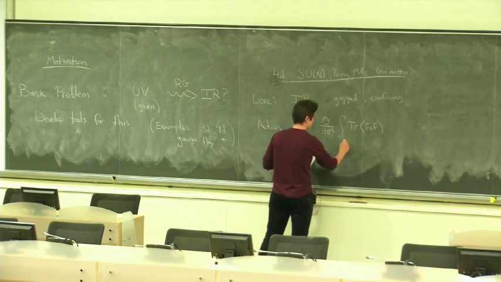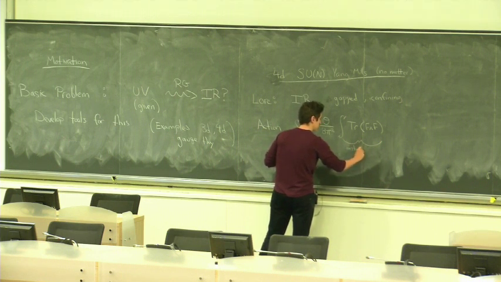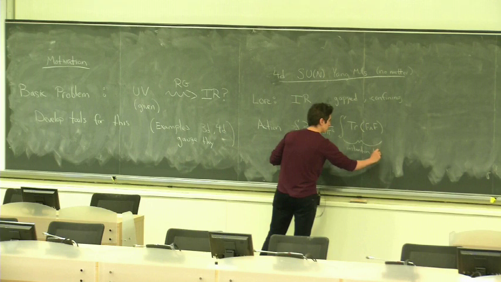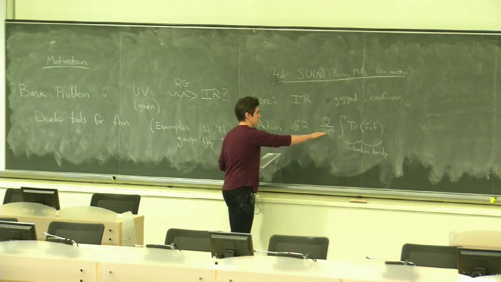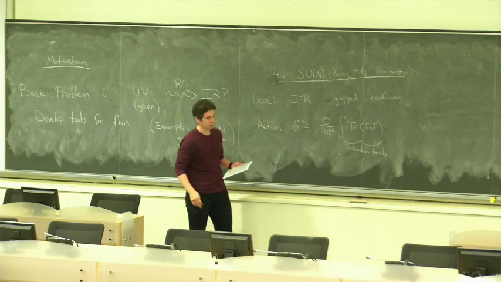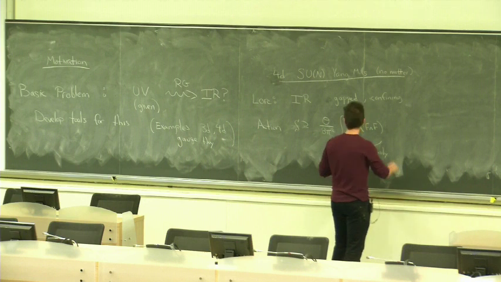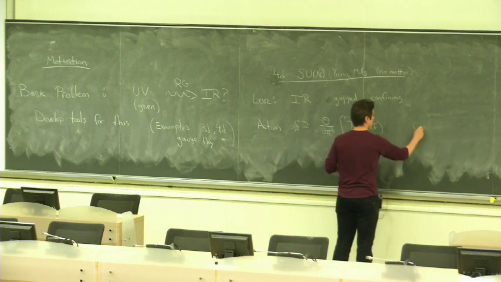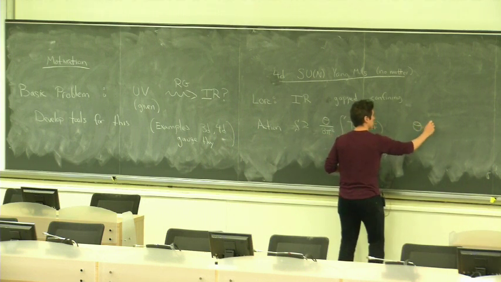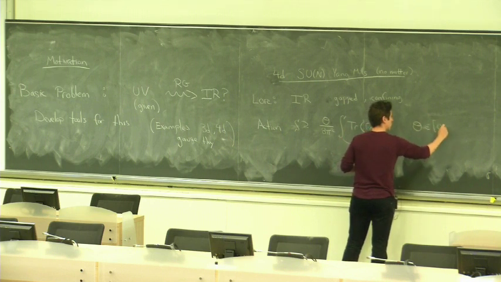And this here is the instanton density. With the normalization I've chosen, the integral of trace F wedge F over 8 pi squared is always an integer. So you can think of the parameter theta here as a kind of coupling constant that's valued in a circle.